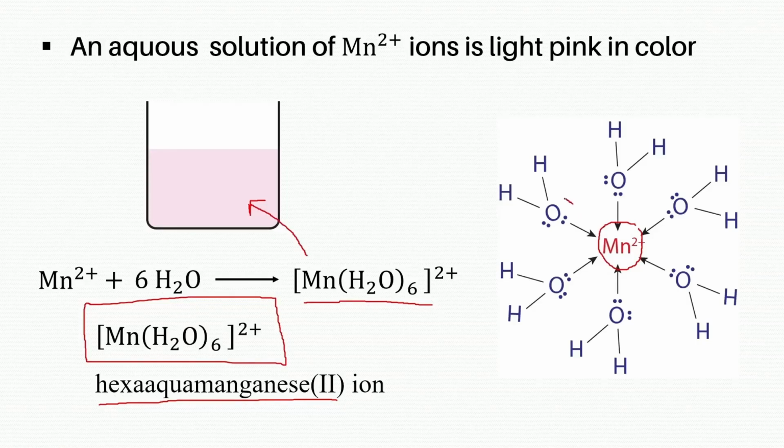You can see that these water molecules act as ligands. The lone pairs on oxygen atoms can be donated to this Mn2+ ion, and dative covalent bonds are generated. Here also you can see 6 dative covalent bonds formed between water molecules and Mn2+ ions.